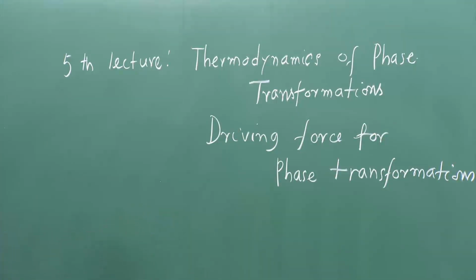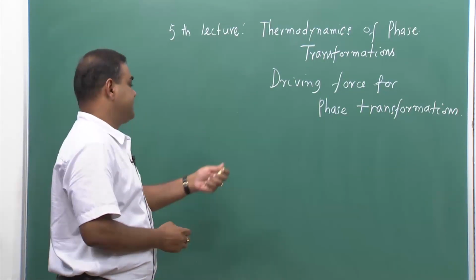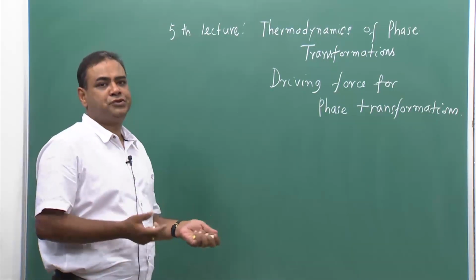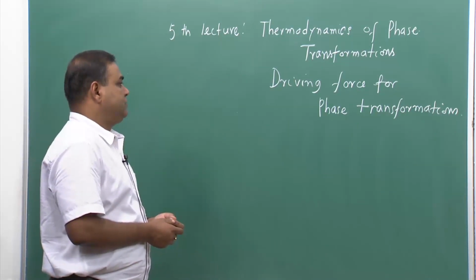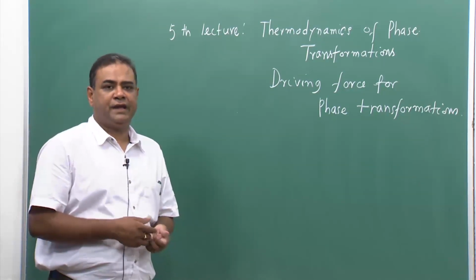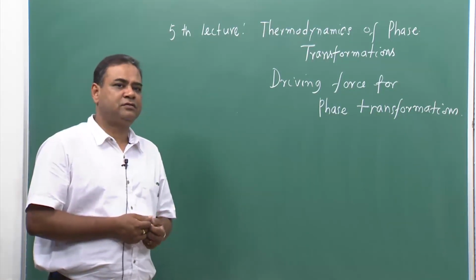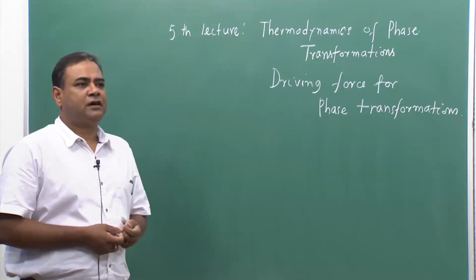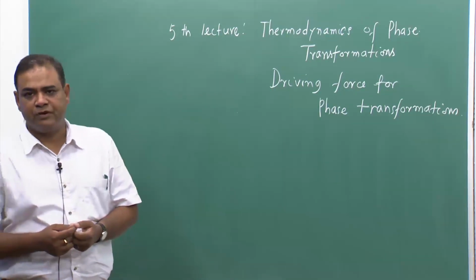So, in this lecture and the next couple of lectures also, we would mainly concentrate on how we can calculate the magnitude of driving force for phase transformations. In the last lecture, we started with finding enthalpy and entropy from the Cp value, because Cp is the measurable quantity which can give some quantification of enthalpy variation as well as entropy variation.